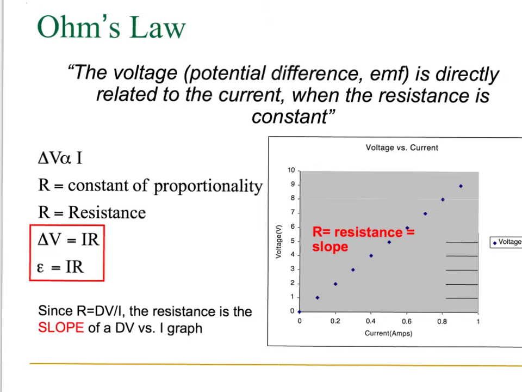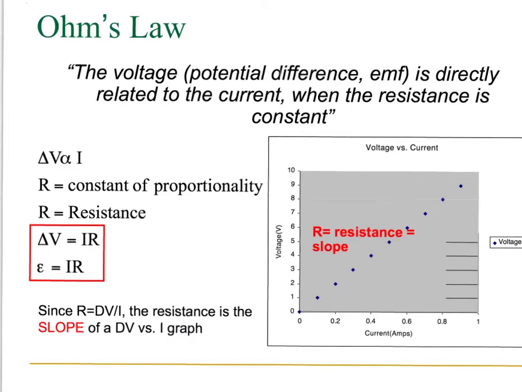When we add in the resistance to our proportionality, we get that potential difference is equal to current times resistance. We can also say that the electromotive force is equal to current times resistance.